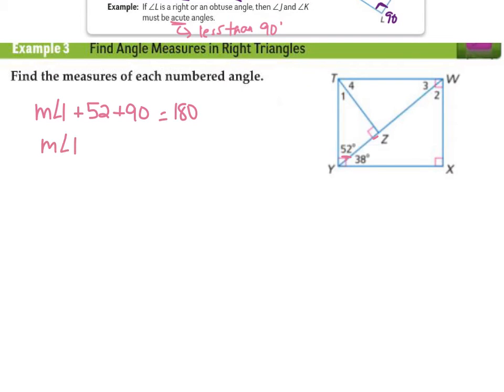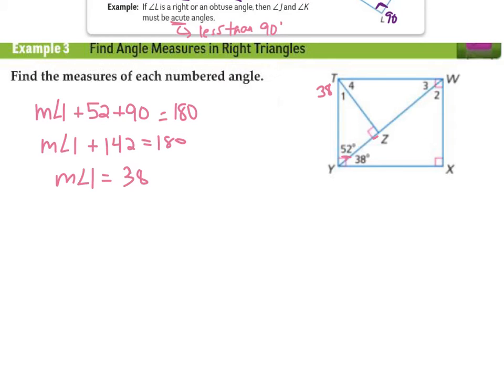So the measure of angle 1 plus 142 equals 180. Once we subtract that 142, we are left with a total of 38.